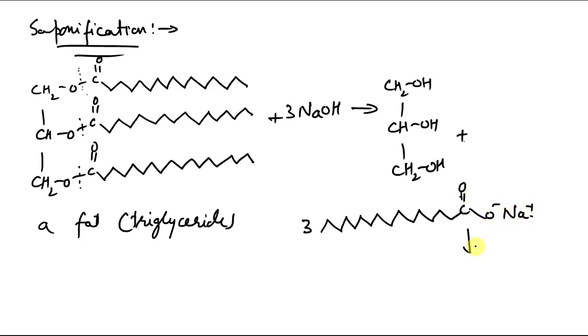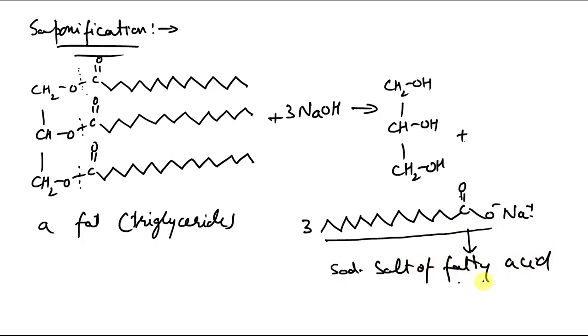So this is a long chain fatty acid, sodium salt of fatty acid. Fatty acids are nothing but long chain carboxylic acids, and sodium salts of fatty acids are called soap.